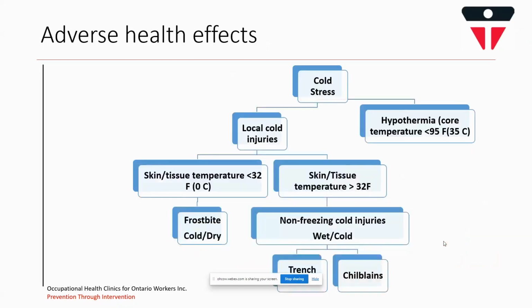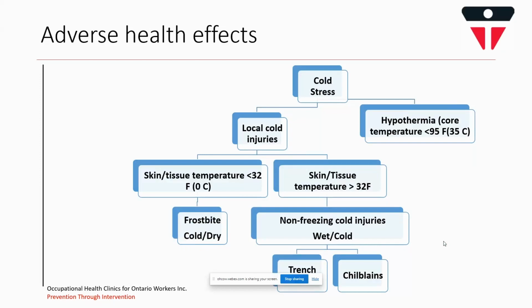So adverse health effects from cold stress can be broadly classified into hypothermia, which is a more severe form of adverse health effect, and it could be lethal if not treated or prevented. And the other type of adverse health effects are from local cold injuries.